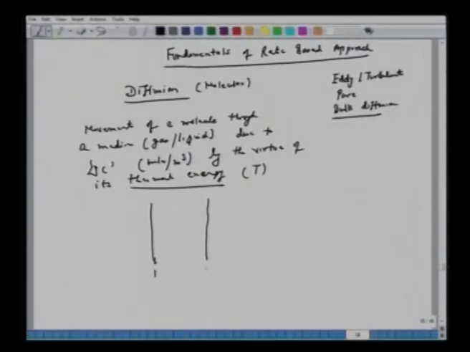So we have 1 and 2. Let's look at two planes. We have the concentration here as C1 and C2. If that happens, let's say oxygen molecule, so there is a concentration gradient here, some level C1, some level C2. Because of this there will be a transfer of the molecule from one plane to the other plane.